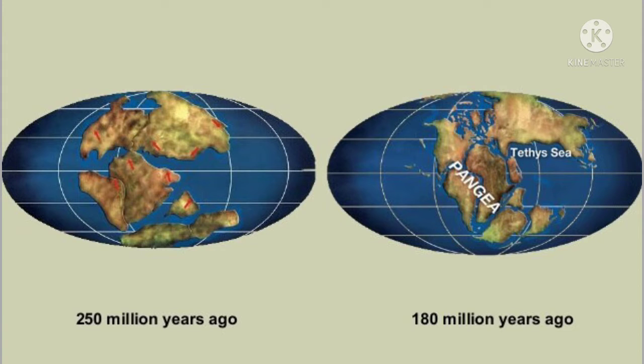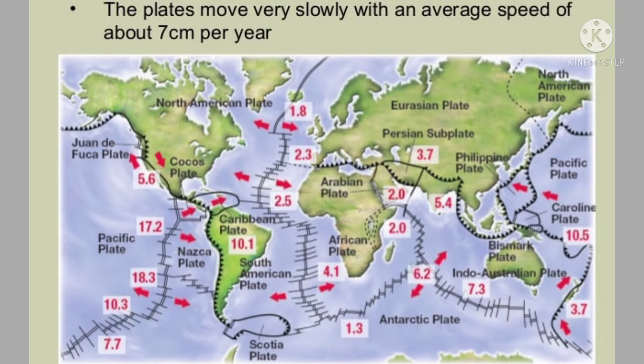So students, if you see the rate of plate movement as you have seen in the video, the stripes of normal and reversed magnetic field that parallel the mid-oceanic ridge help scientists determine the rate of plate movement. These rates vary considerably.